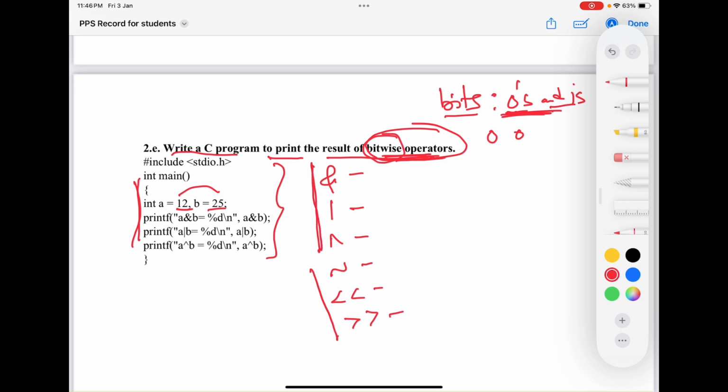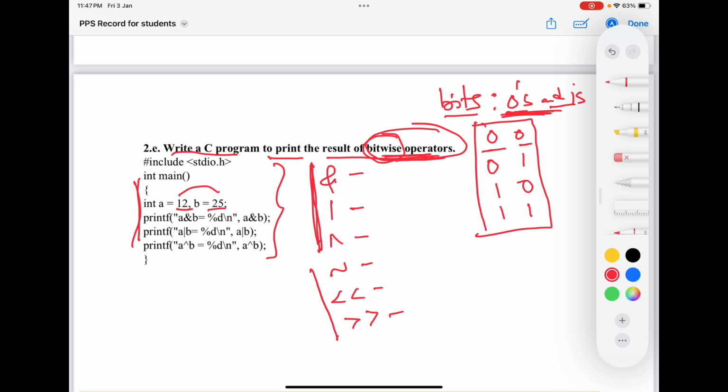For these three operations I need two operands. Let's say my first operand value is 0. The second operand can also be 0. If it is 0, it can be 1. If it is 1, it can be 0. If it is 1, it can be 1. These are the possibilities for the operands.